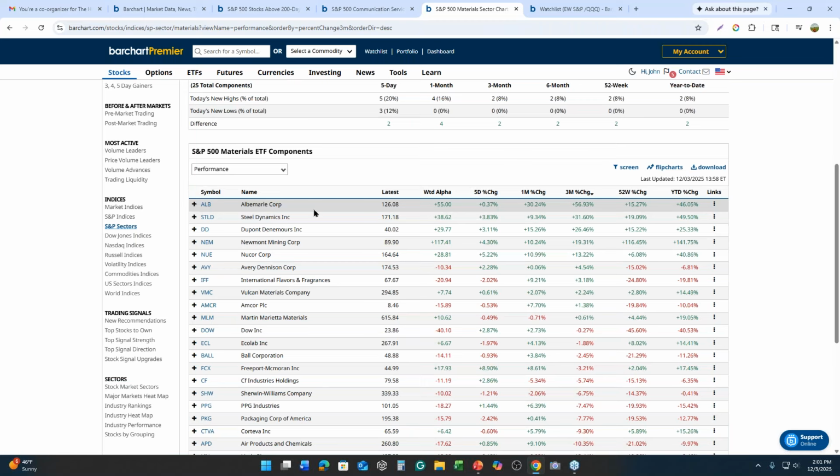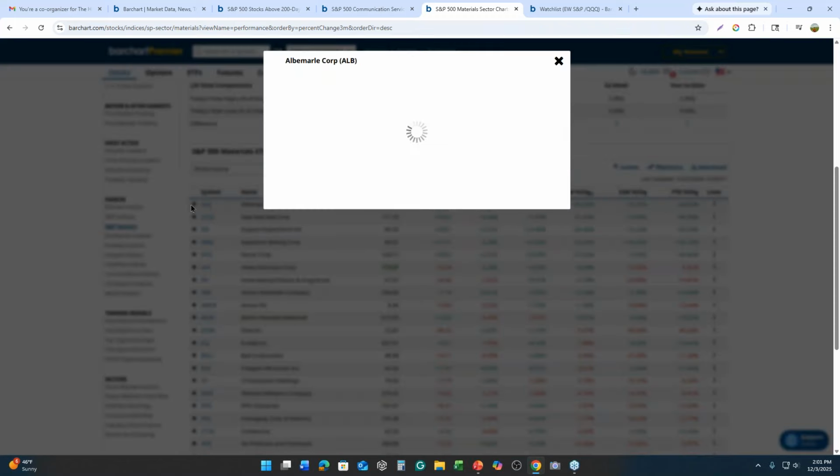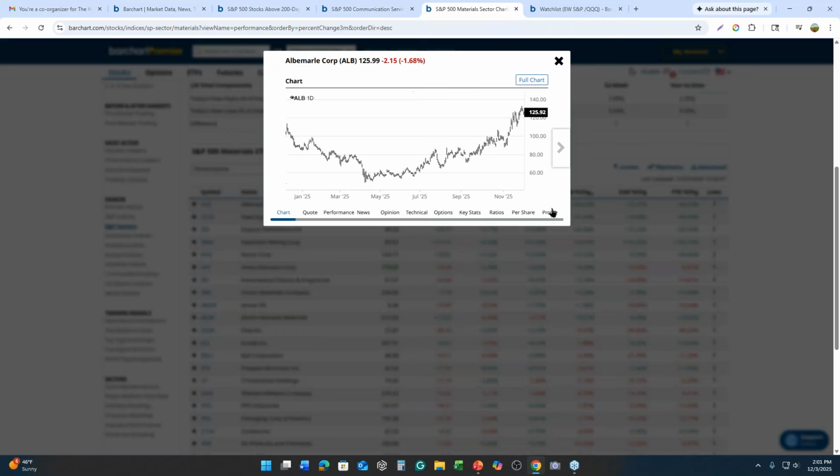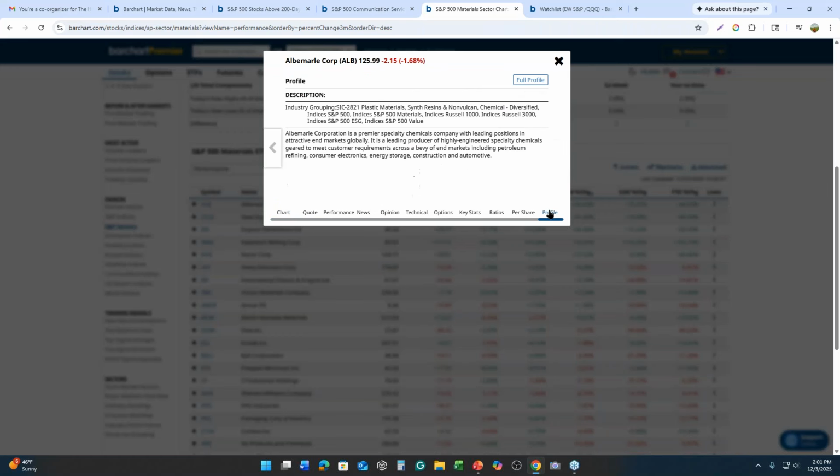Looks like steel, Newmont. That's following the gold movement. This stock is in a lot of different areas. It's in refineries, chemicals, energy storage, plastics, right?